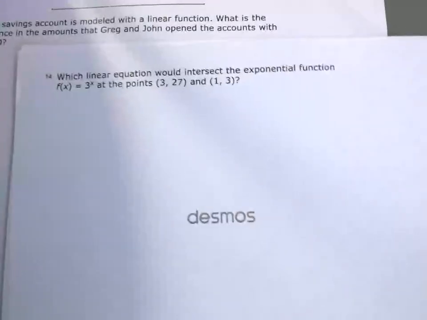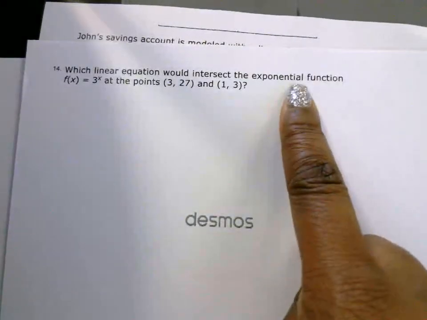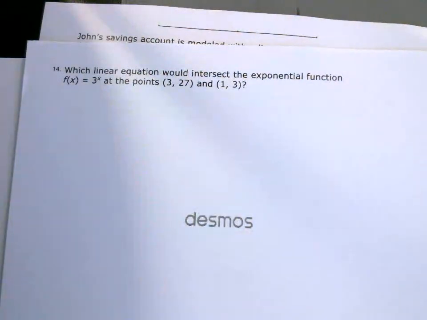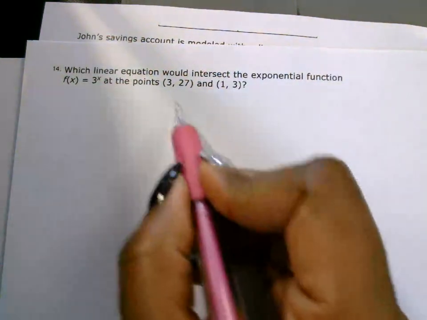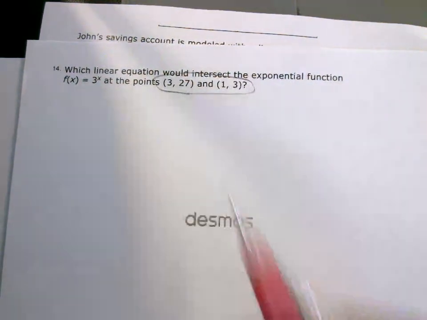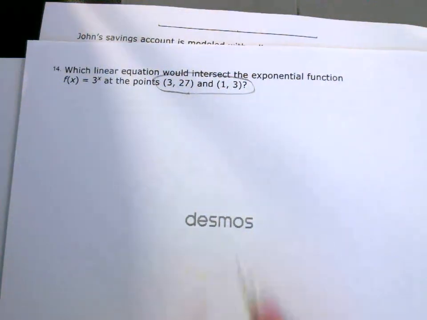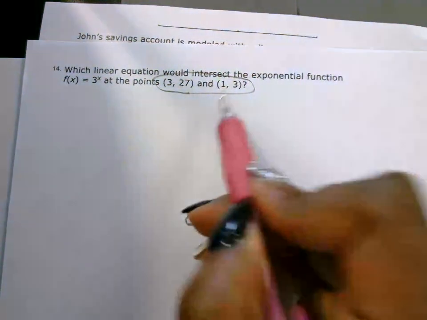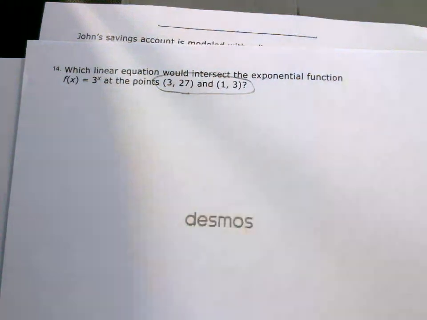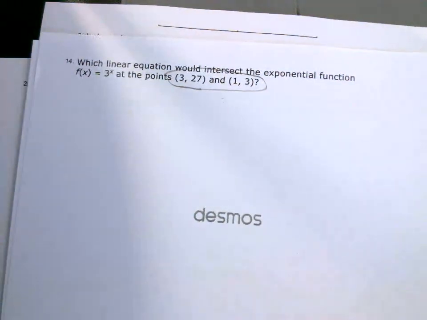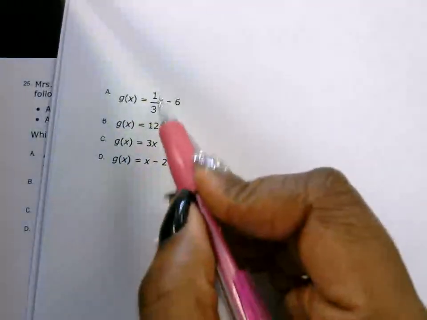Look at this one. It says, which linear equation would intersect the exponential function? Look, this is a line. They want you to write the equation for that line. So to write the equation for that line, find the slope. All of these slopes are different.